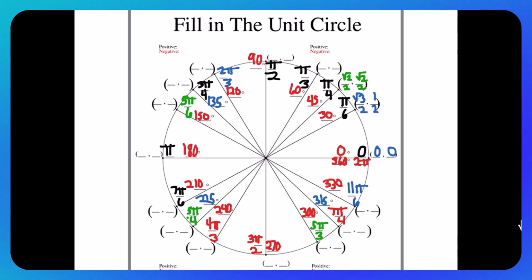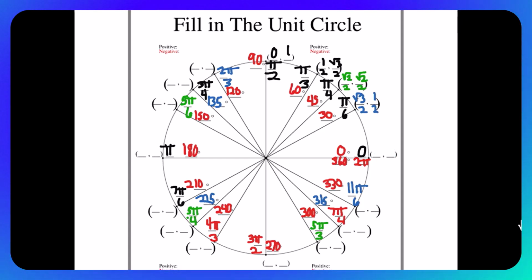This one here is 1/2, comma root 3 over 2. And then when I get up here to 90 degrees, it's 0, comma 1. Now these here match throughout the whole unit circle. So when I am filling in the unit circle, I only need to have that first quadrant memorized, and then from there on out, I can fill in the rest.